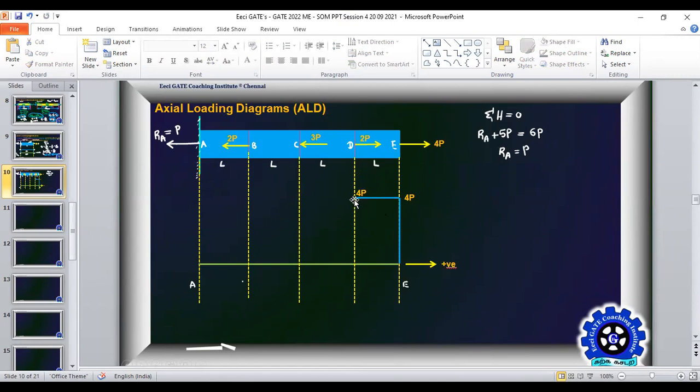Next, now I am here. I have seen the load. Both are acting in same direction means positive. Then diagram will be good, looking good. Now go up to here.